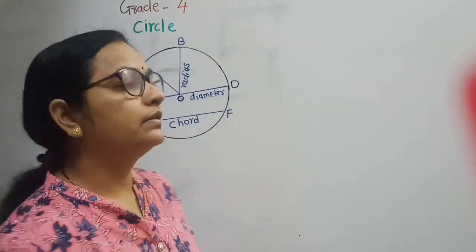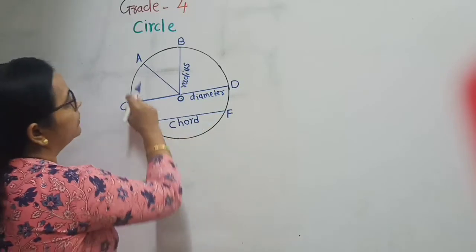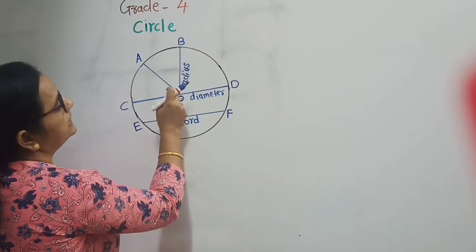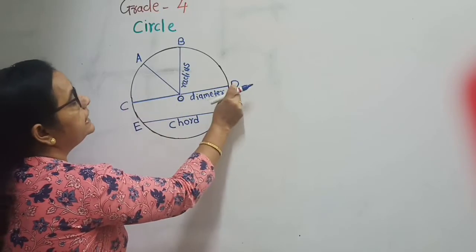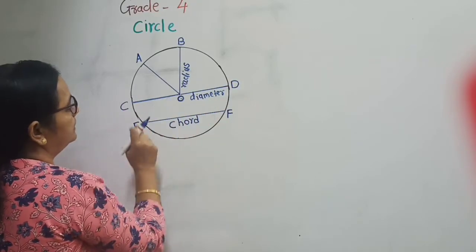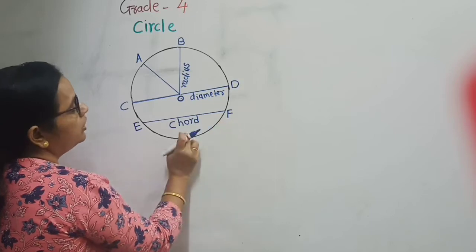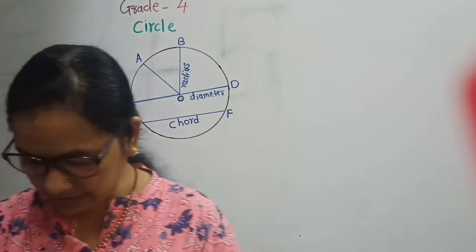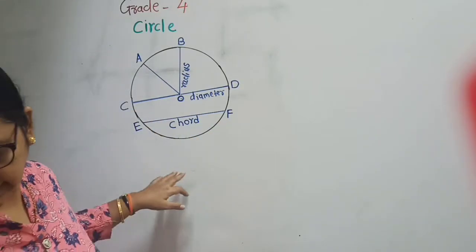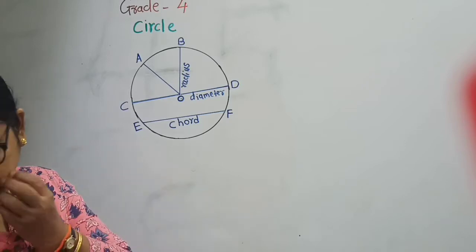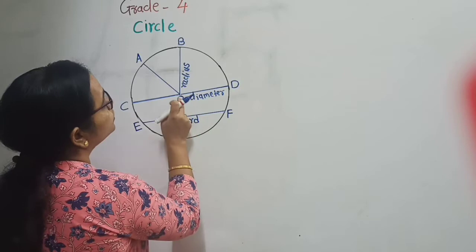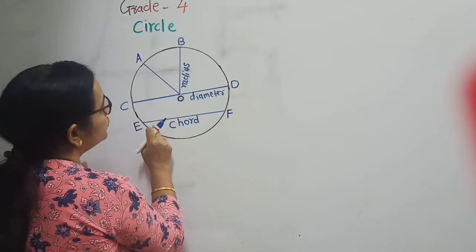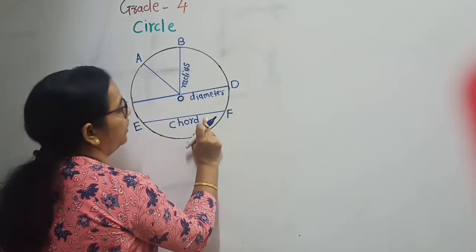Now you know about the circle. See, OB is a radius, CD is a diameter, this EF is a chord. This chord is not passing through the center, so it is called a chord.